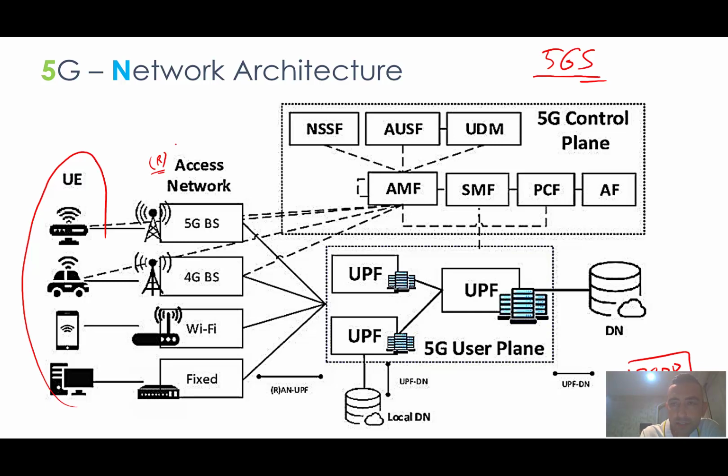And here you can see it is cloud native and control plane and user plane are separated. Here is a control plane and here is the user plane. Okay, this is cloud native CUPS, control plane and user plane separation.